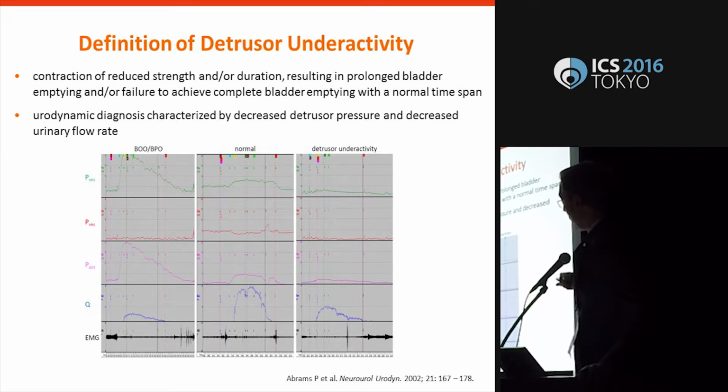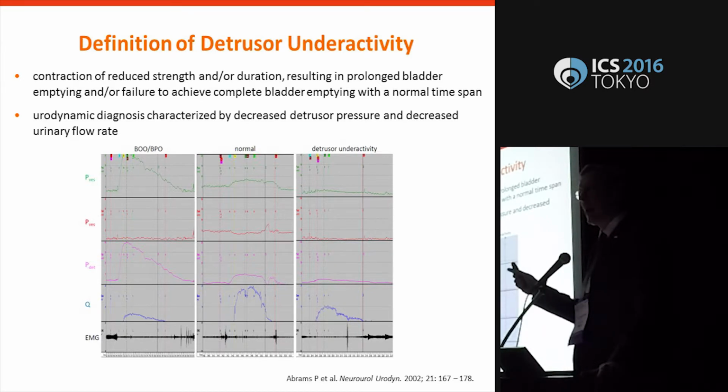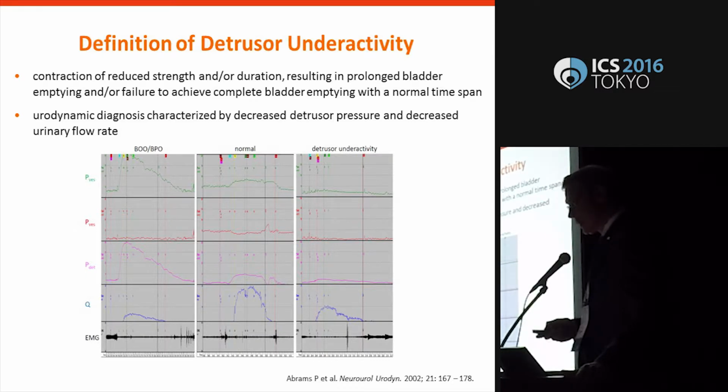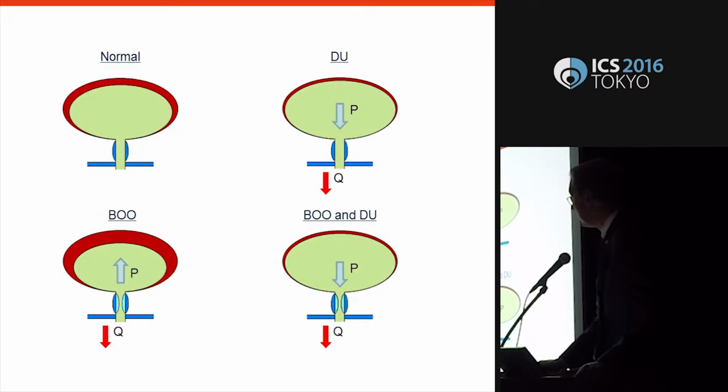When you have somebody with bladder outlet obstruction, he has a high pressure during voiding and a low flow. And Detrusor Underactivity is a low pressure and a low flow. So these are the urodynamic diagnosis of bladder outlet obstruction and Detrusor Underactivity. Always bear in mind, these are extremes, so you can see the difference. So there are all types of measures in between these extremes.